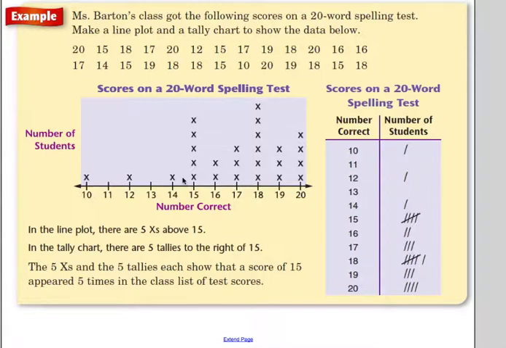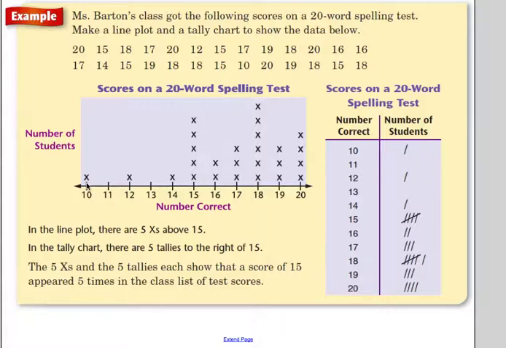So since half of 26 is 13, I know that 13 from both sides is going to be my middle point. It's an even number of data, so there's going to be 2 in the middle.